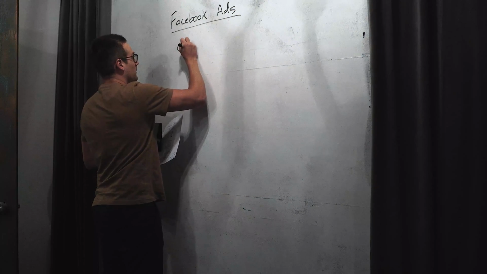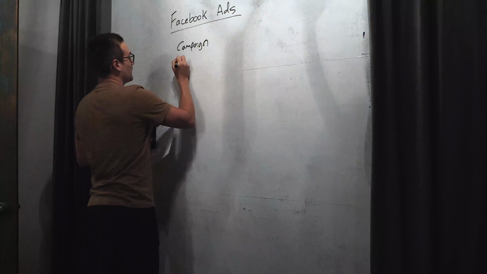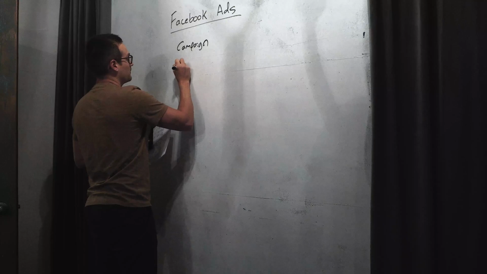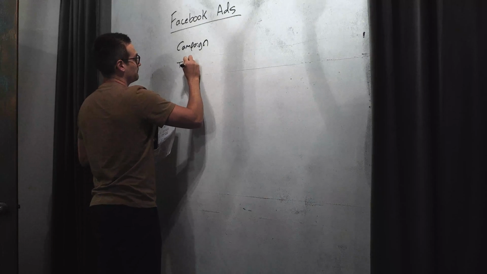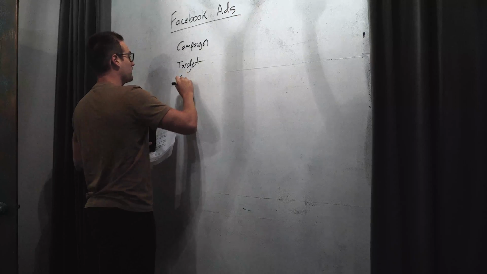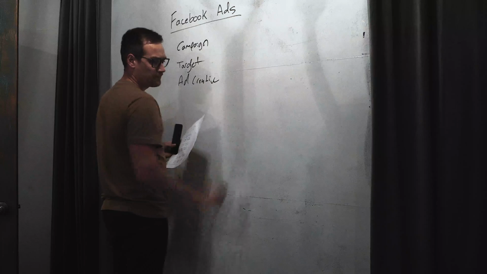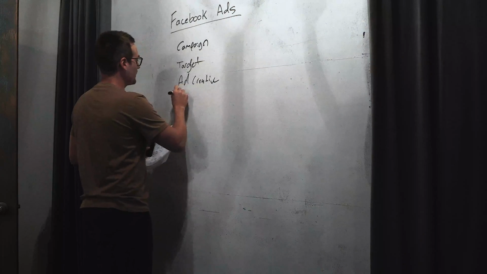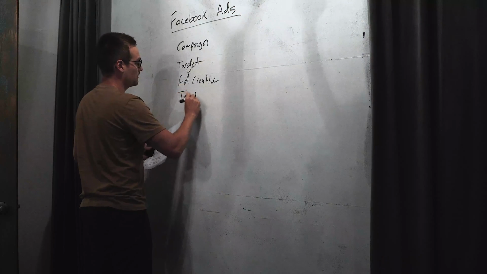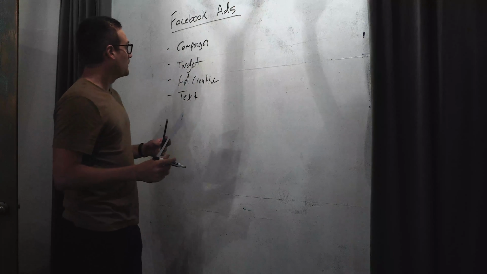You've got your campaign, you've got your target, and you've got your ad creative, and you've got your text. So these are the main 4 that you can manipulate.